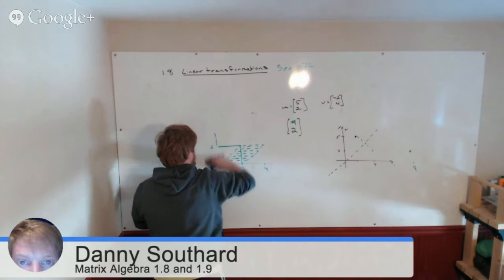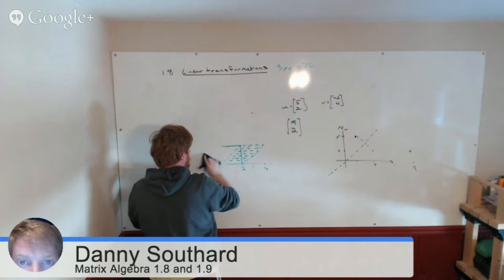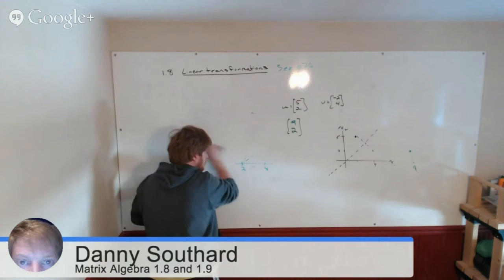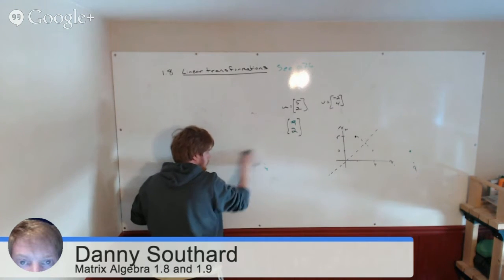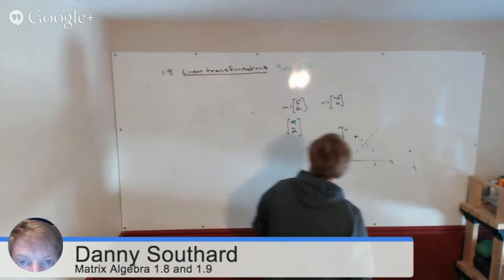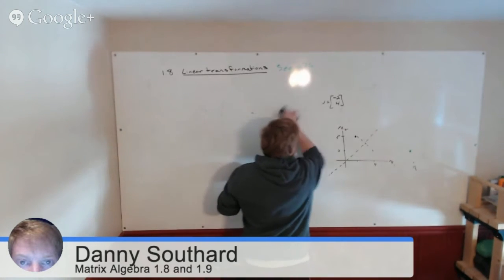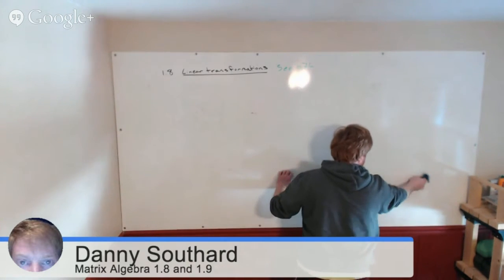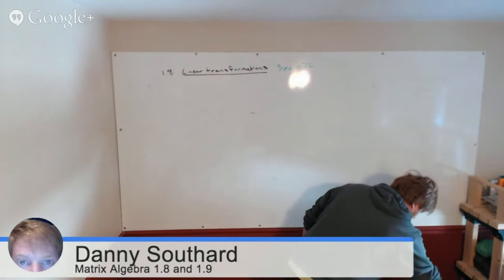So we've been talking about matrix transformations, and here's the green stuff to erase. Maybe don't use green anymore. Talking about matrix transformations, what is a linear transformation?